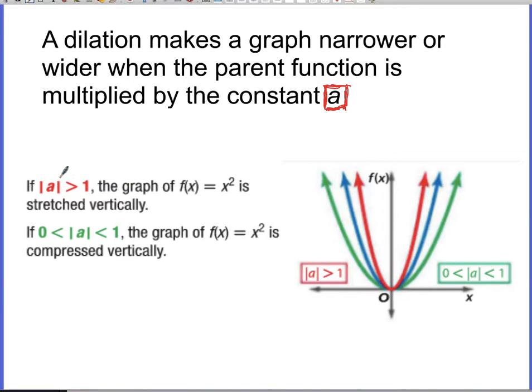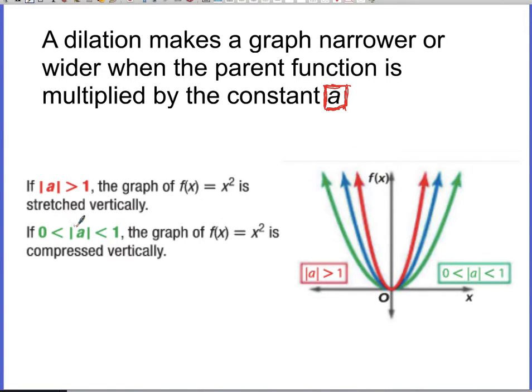So here's the definition of what's going on. If the absolute value of A is greater than 1, so A is bigger than 1, then the graph of f of x equals x squared, that is the parent function, is stretched vertically, and that's this red one here. The blue one is our parent function. The red one has been stretched vertically. It gets narrower, it gets longer as you move up, right?